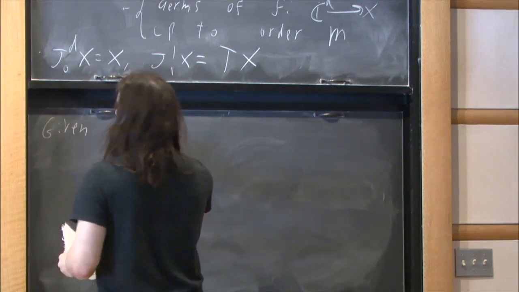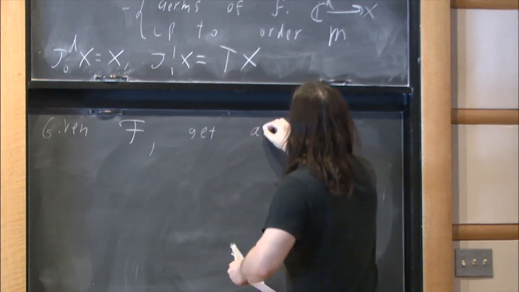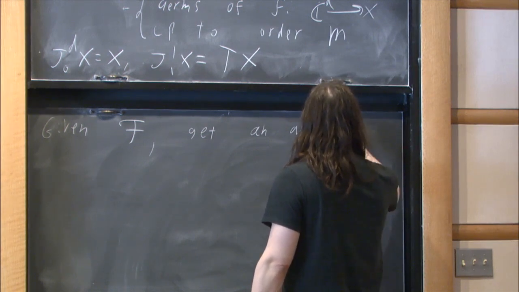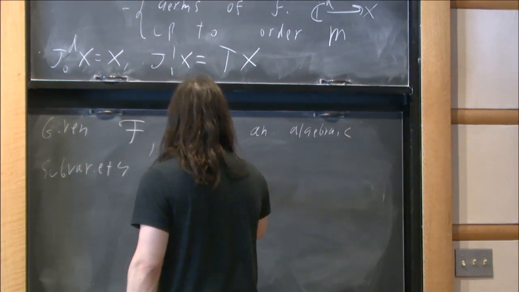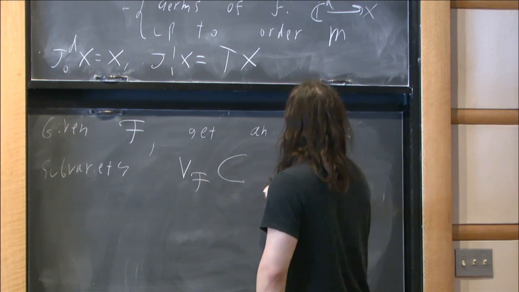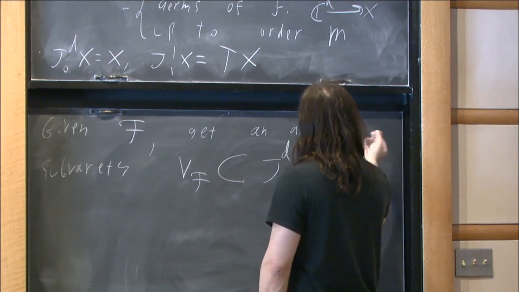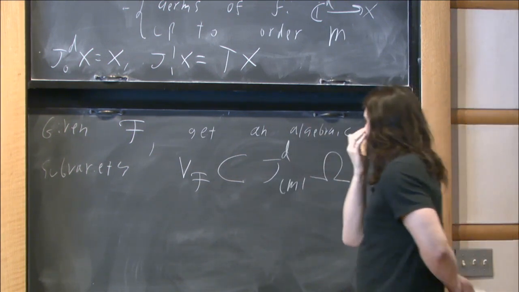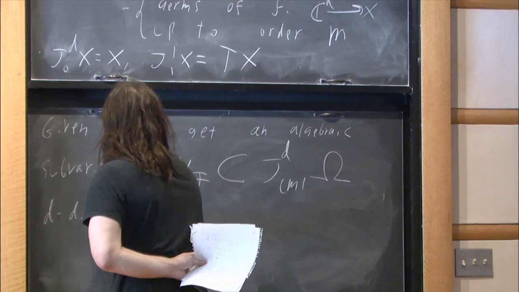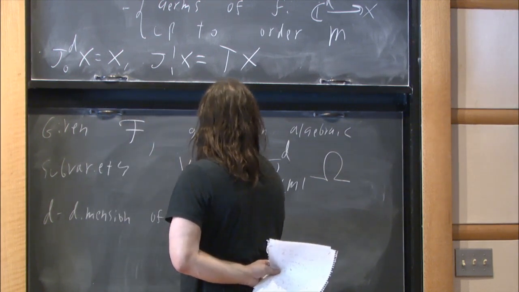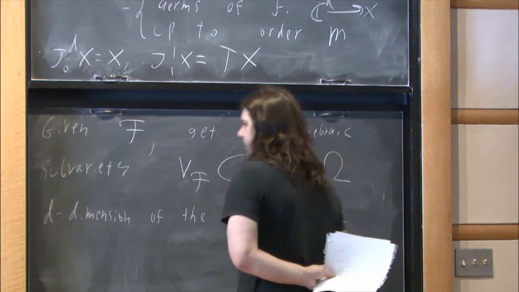OK, so said precisely now, given our family F that we're starting with, we can get an actual algebraic subvariety, which I'll call V sub F, inside the jet space, where D is the dimension of the varieties in F, and m is just a big number.